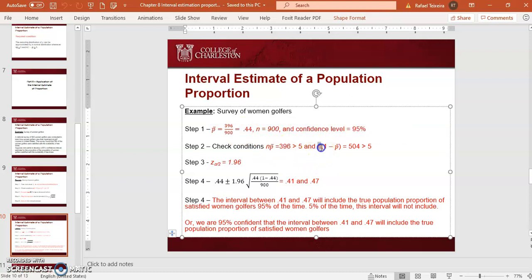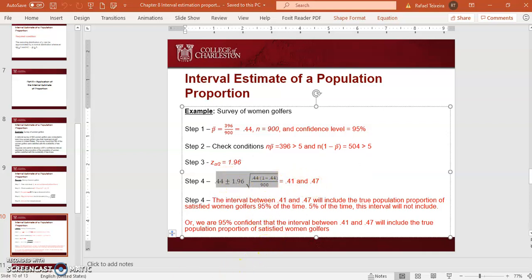And if you multiply 900 by 1 minus 0.44, which is 0.56, you get 504, which is higher than 5. So the conditions are fine. The z-score is 1.96. You plug in the sample proportion, 0.44, and you add and subtract the standard error multiplied by the z-score.